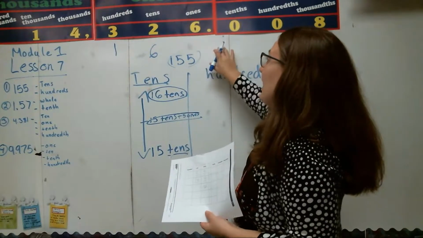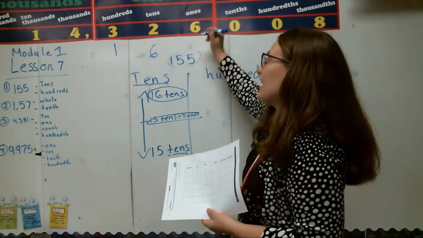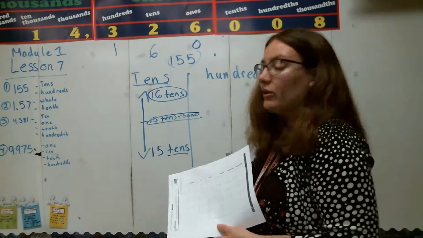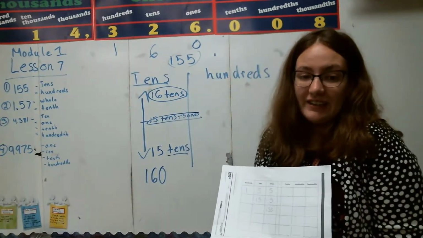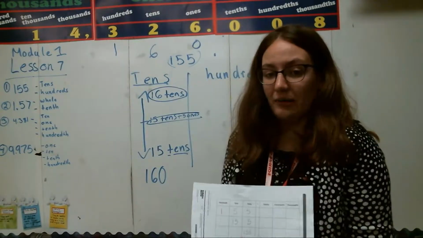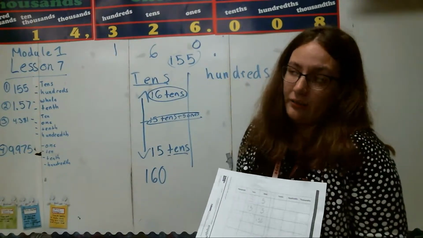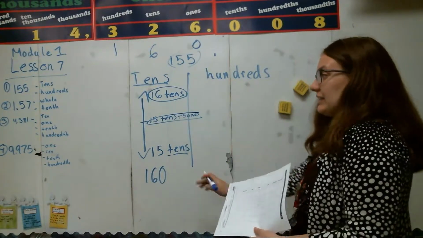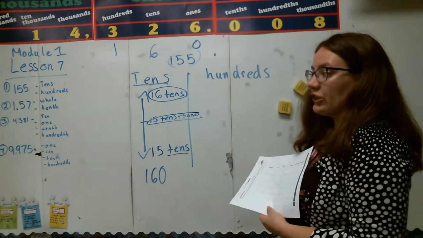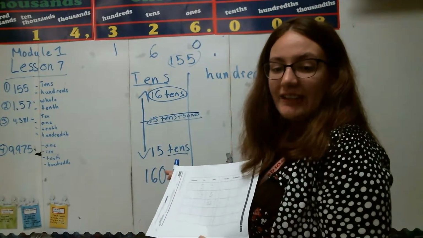Then since there is nothing in the ones place, I would fill that in with a 0, which leaves me with the number 160. Or you could just think of 16 tens. If I have 16 ten-dollar bills, what would that total amount be? That would be 160. So that is my final answer for what 155 rounds to the nearest tens place.